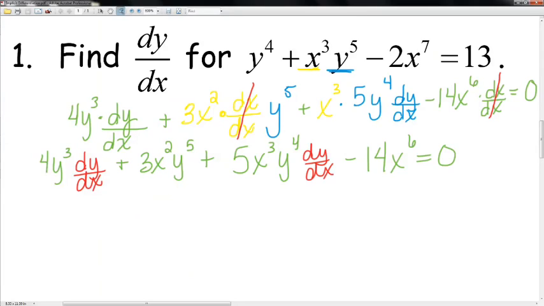And if you notice, everything that has a little red thing attached to it has a dy/dx attached. Eventually we're going to factor out that red part.